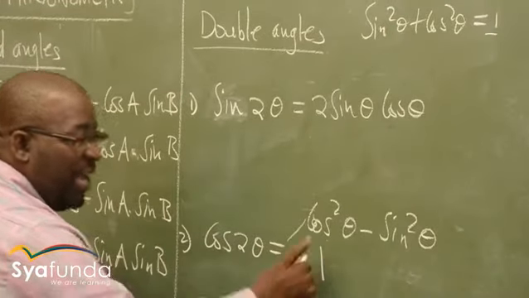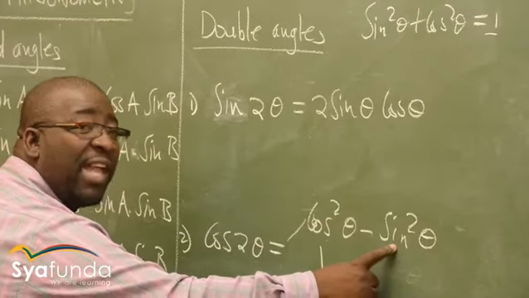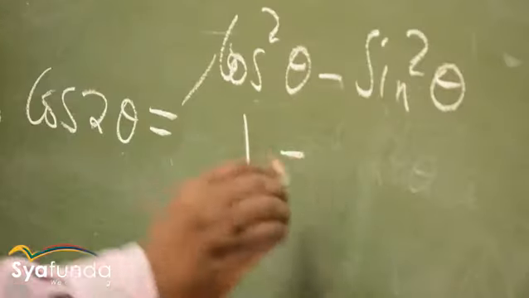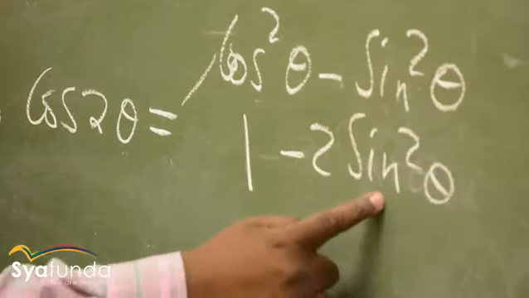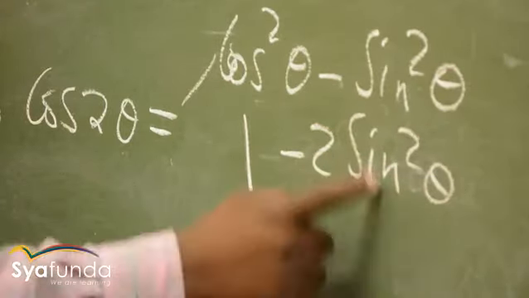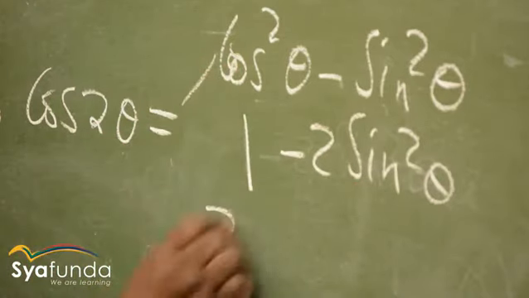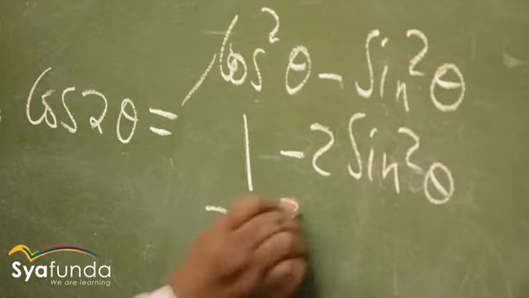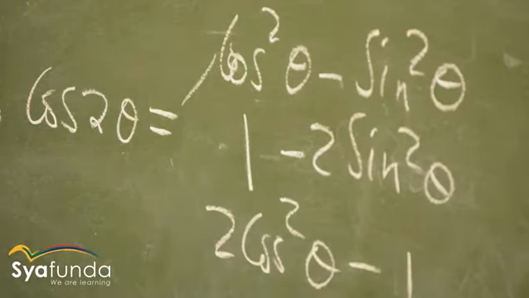So I just write 1 here under this one. I follow that sign and write this sine squared. But when I write it now, I'm writing it for the second time, so I will write 2 sine squared theta. I've written this for the second time to remember the third one. So when I write it for the second time, I'm going to say 2 cos squared theta and subtract 1, as I did on the top one. That's how I remember the 3 of them, and you can find your own way to play around with them.